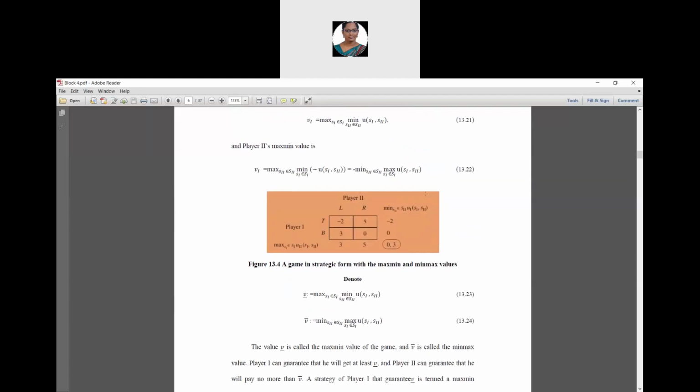Therefore, a game in strategic form with the maximin and minimax values is seen in figure 13.4.